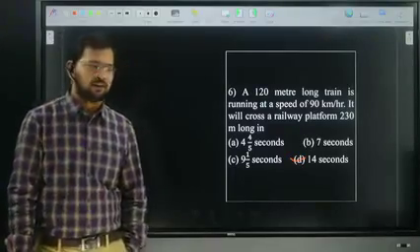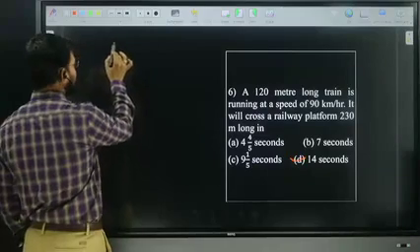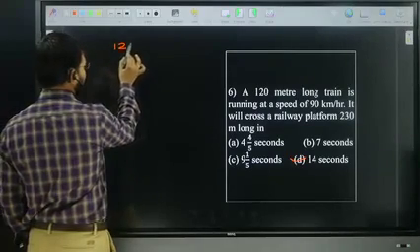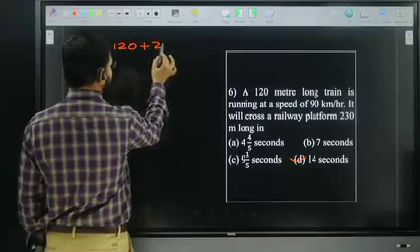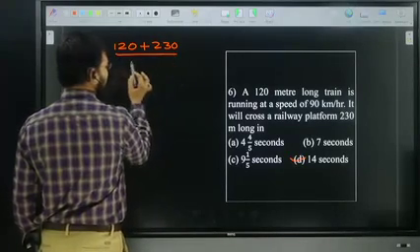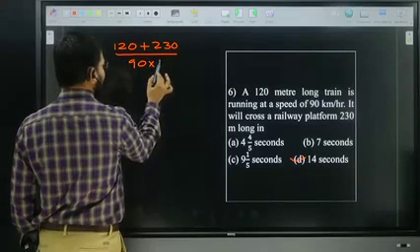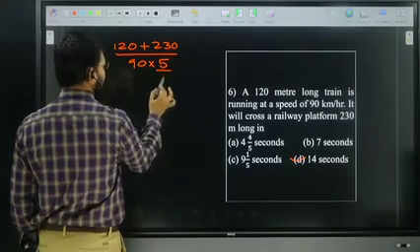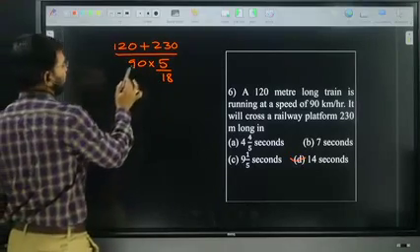So I'm not writing anything here. Length of the train is 120 plus length of the platform 230. Distance is length of the train plus length of the platform divided by speed of the train. They gave the speed in kilometer per hour, that is the reason I am converting by 5 by 18. Look at me, all of you.